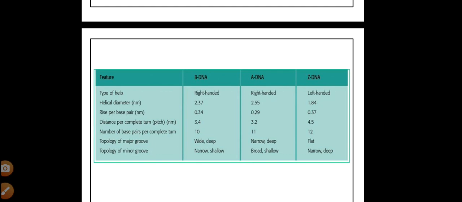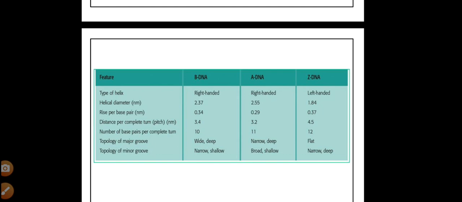So the pitch, the length of one complete turn, is called the pitch. So the distance of one complete turn is 3.4 nanometers in B DNA.